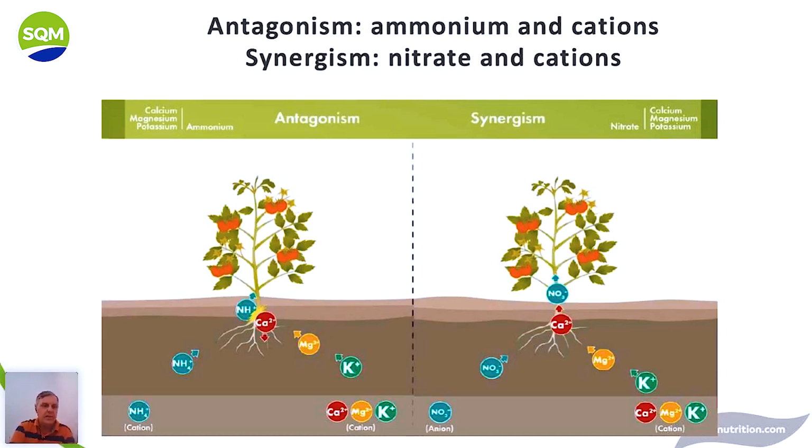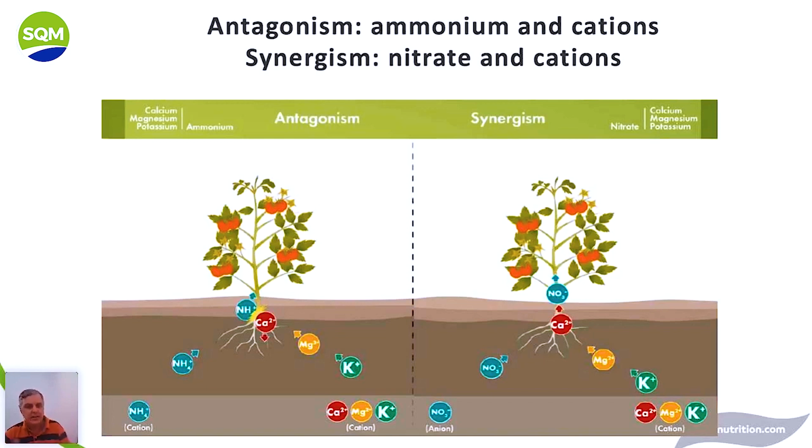When the plant is uptaking ammonium, ammoniacal nitrogen, the plant cannot uptake at the same time, for example, calcium, magnesium, and potassium, because calcium, magnesium, and potassium are cations, with plus charge. That's the same charge as ammonium. So ammonium, calcium, magnesium, potassium, zinc, all these elements have positive charge. So the plant cannot uptake these elements together.